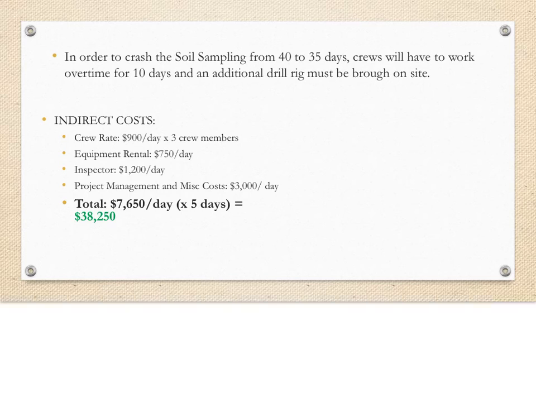We will also save on renting equipment for 5 days and paying the inspector for 5 days. On top of that are all of the miscellaneous expenses and project management that it will cost over those 5 days. We determine that the cost of working normally for 5 days is $38,250.